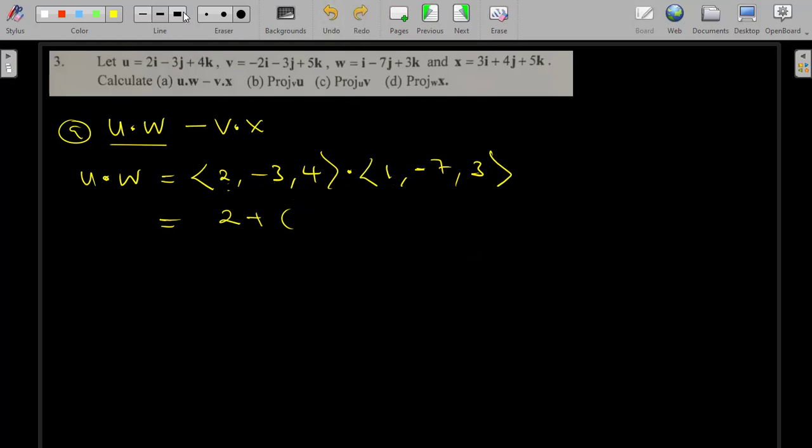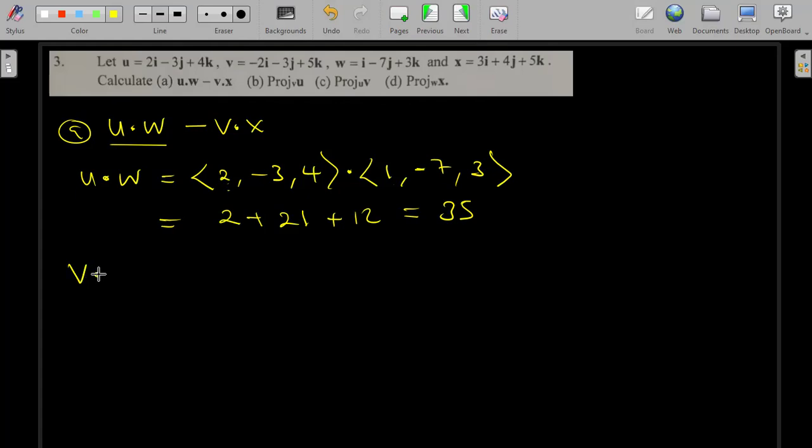Then plus 4 multiplied by 3 gives me 12. Adding all these, summing everything up, 12 plus 21 plus 2 gives me 35. So my dot product there is 35.